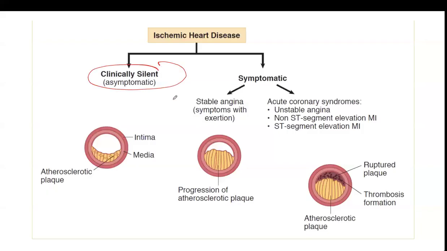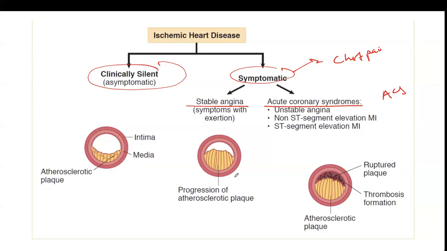First, the patient might be totally asymptomatic, or symptomatic, and symptomatic means chest pain. If a patient has symptoms, then we divide them as either having stable angina or acute coronary syndrome. So who is having stable angina, and who is under acute coronary syndrome, or ACS?